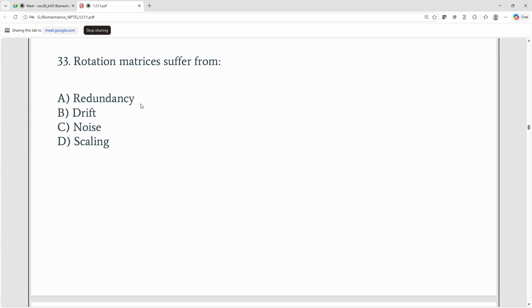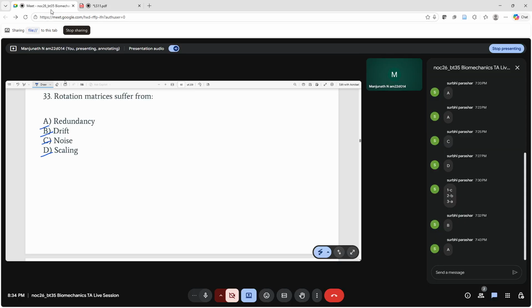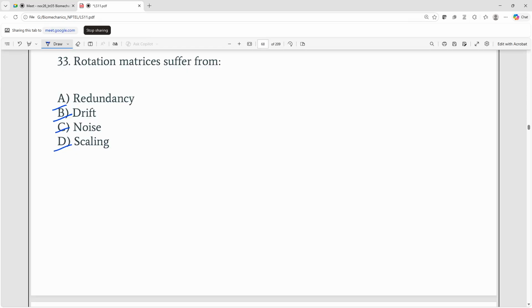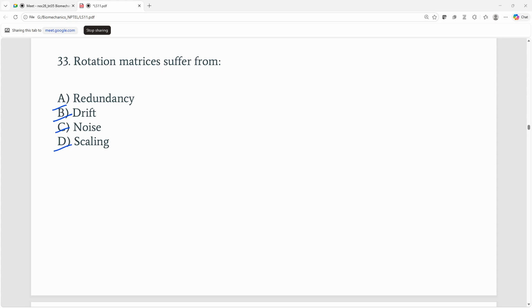Options are option A, redundancy, option B, drift, option C, noise, option D, scaling. Correct answer is option A, redundancy.